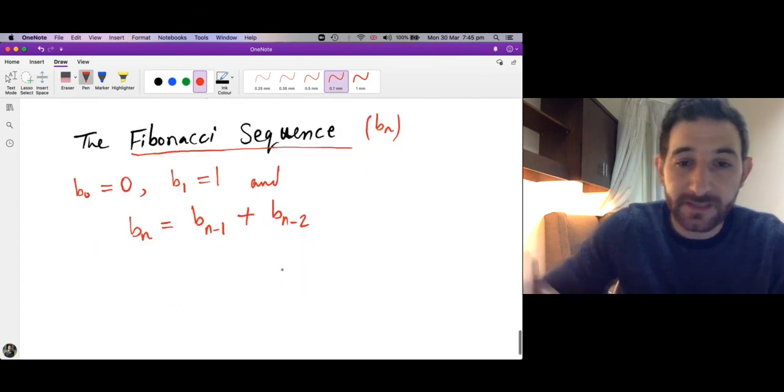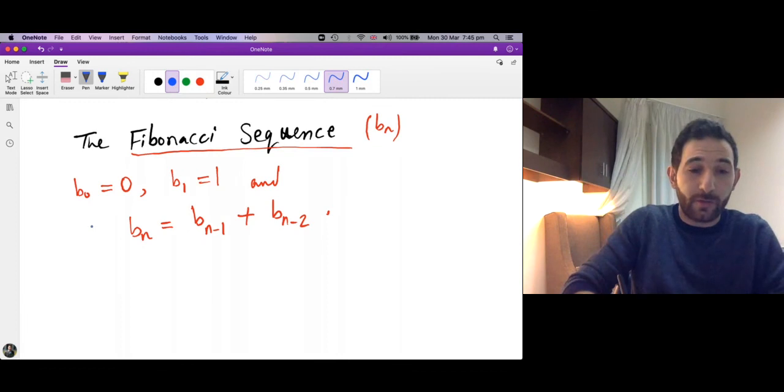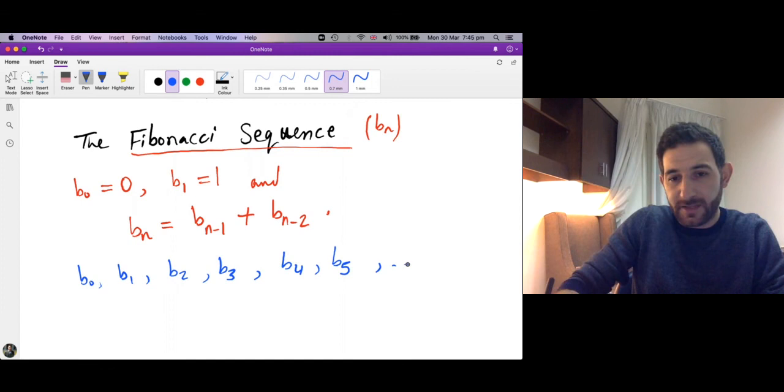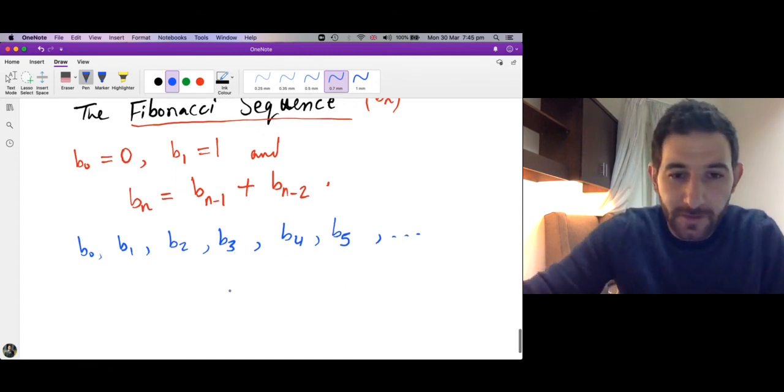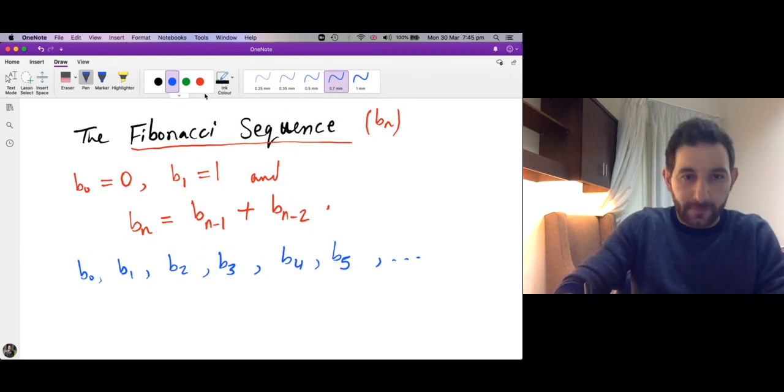Okay, so let's write down what this sequence is. So this sequence has this form: B0, B1, B2, B3, B4, B5, and so on. But let's see what these values are. Okay, so this is the Fibonacci sequence. Now, what is B0? It's given to us in the definition of the Fibonacci sequence.